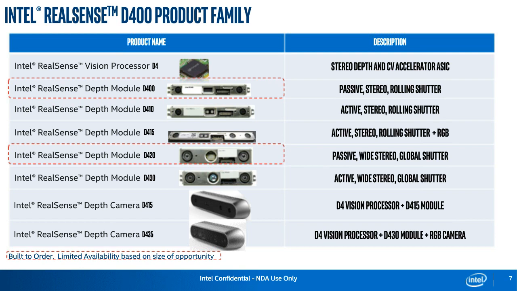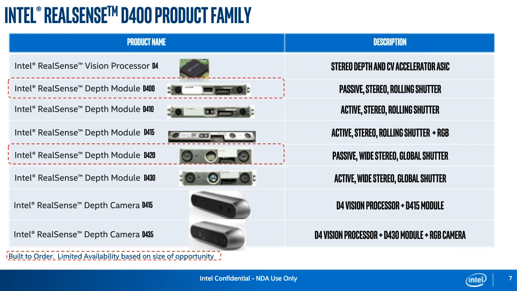We've also created the 415 and the 435 cameras. These are fully production-worthy cameras. These cameras take those parts and they put it inside of them. The 415 can emulate the 400, 410, and the 415 modules, and the 435 can emulate the 420 and 430 modules.